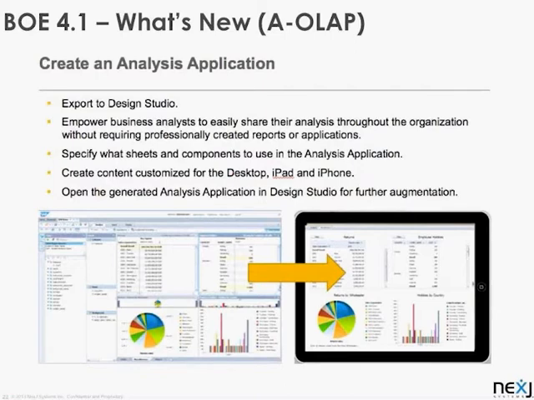So if you're using Voyager, if you're using Analysis, you can build these applications for end users that can navigate these OLAP applications very, very intuitively and very easily, and it saves you a lot of time.